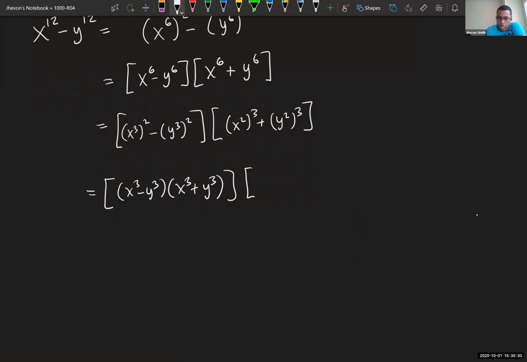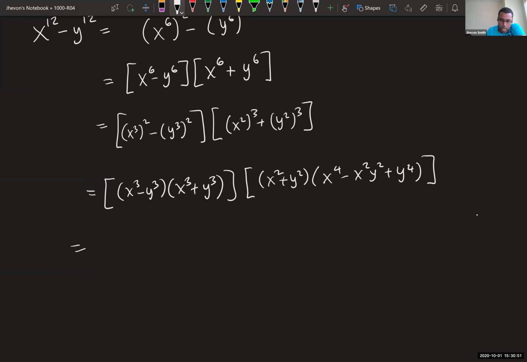And here, applying the sum of cubes formula, which we had to do earlier in the quiz, this would be x squared plus y squared, which doesn't factor any further, times x to the 4th minus x squared y squared plus y to the 4th.